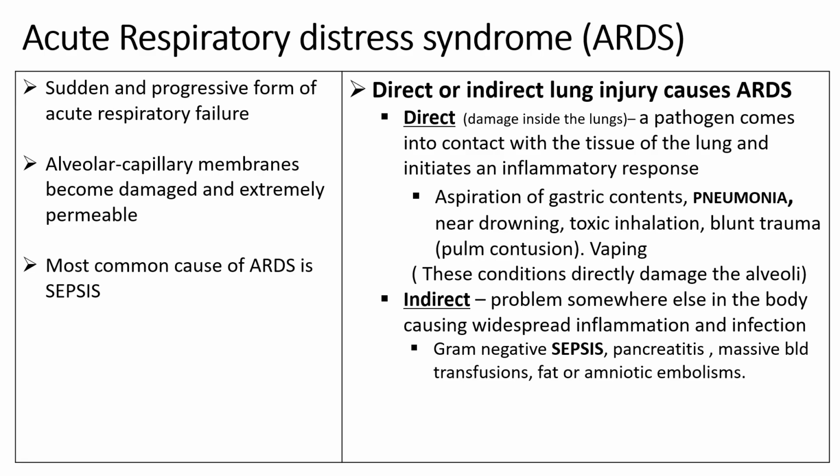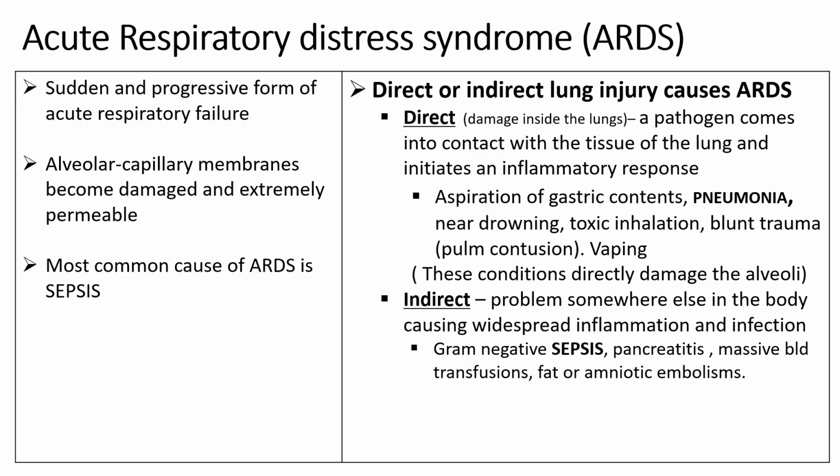Also massive blood transfusions, which cause transfusion-related acute lung injury, and even fat or amniotic fluid embolisms can cause this. In these cases, the body's inflammatory response becomes so widespread that it damages the lungs even though the initial problem was not in the chest.